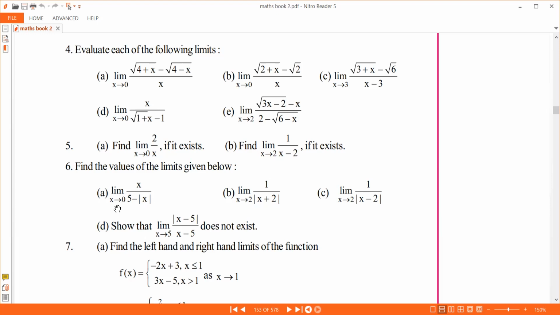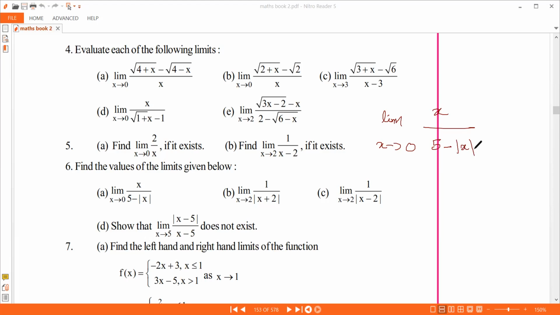Limit as x tends to 0 of x by 5 minus mod x.